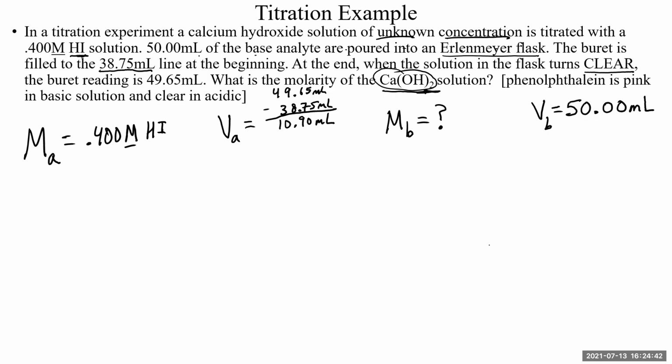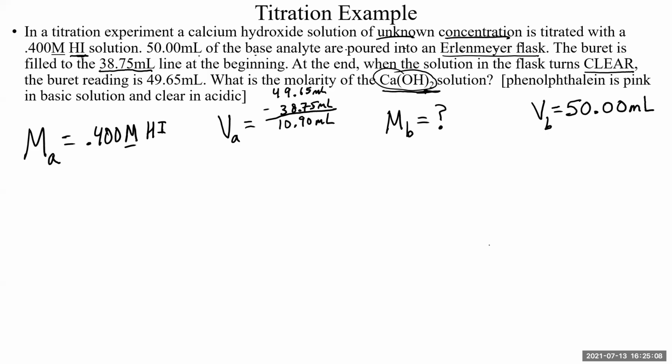Not that you can't make mistakes on a calculator, you sure can. Anyone can. 10.9, okay, 10.90 milliliters. Notice I have 2 decimals because even though that was a 0, I have to write it because the burette readings are good to the hundredths place. Okay, so my volume of acid, which is my known, is 10.9 milliliters. I used 10.9 milliliters. So 0.4 times 10.9 molarity, okay.